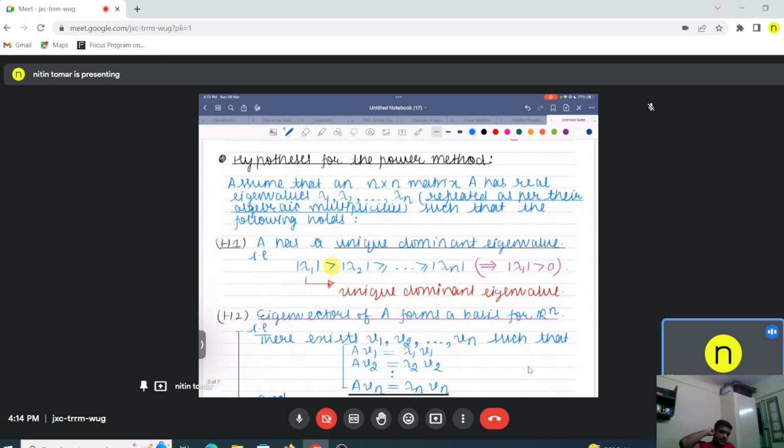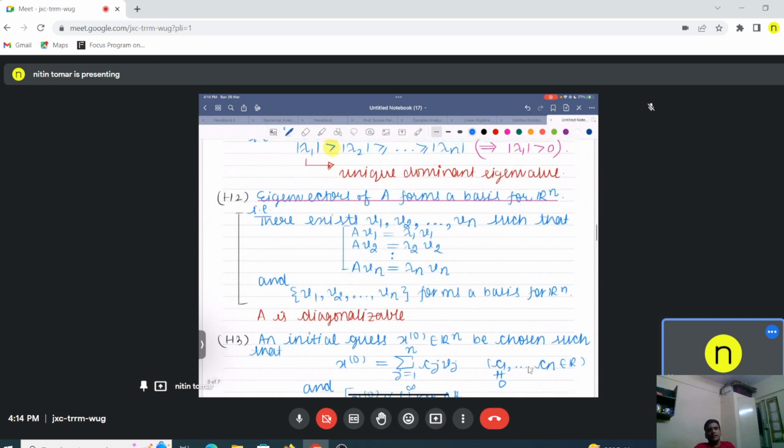The first is that A only has one dominant eigenvalue. That is, there is a unique dominant eigenvalue. Secondly, A is diagonalizable. That is, eigenvectors of A form a basis for Rn.